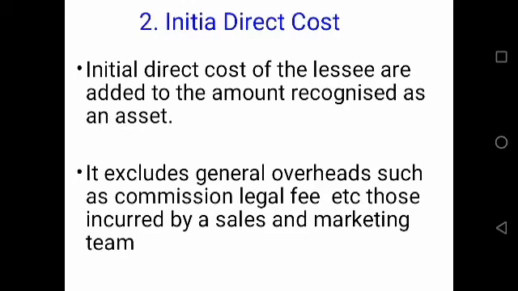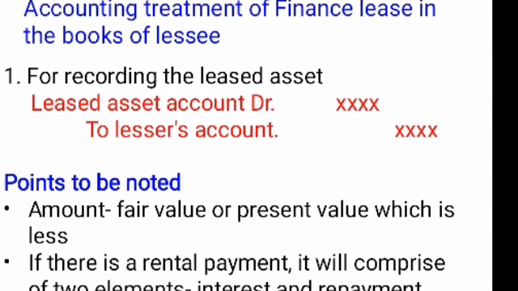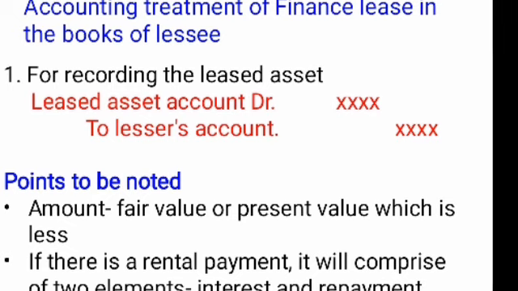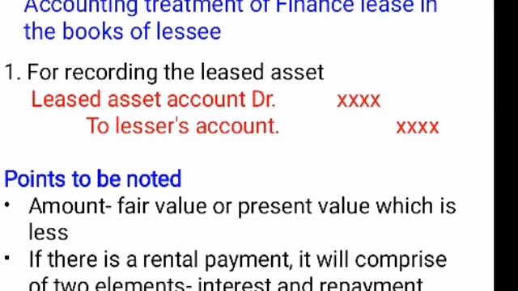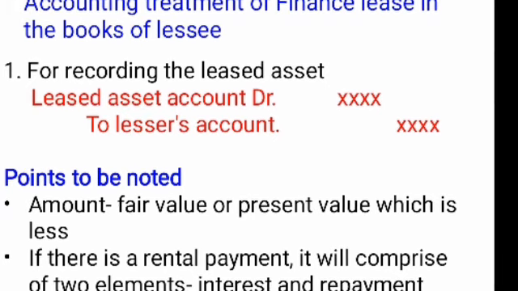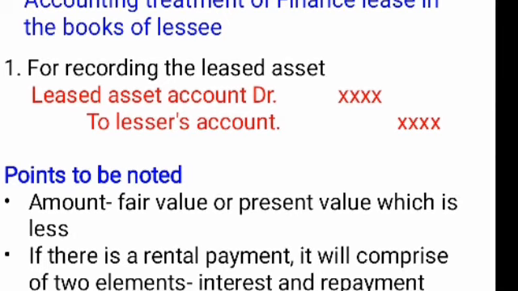Okay, this is about the accounting treatment of finance lease in the books of lessee. First one, for recording the leased asset.